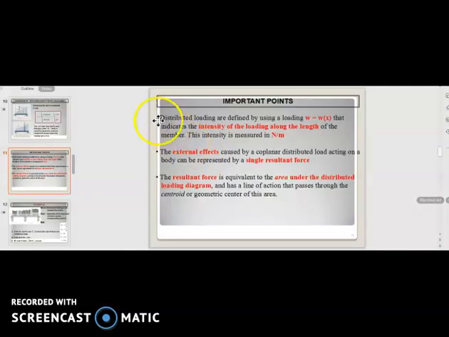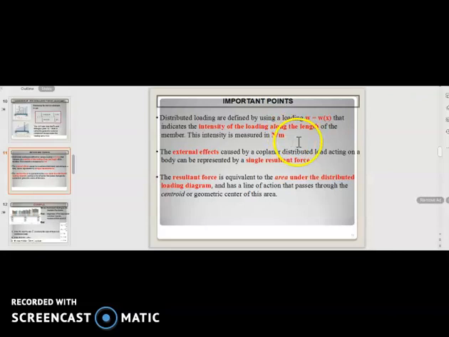So for conclusion, distributed loading is defined by using a loading w equal to wx that indicates the intensity of the loading along the length of the member. This intensity is measured in Newton over meter, which is F over x as we just discussed previously.